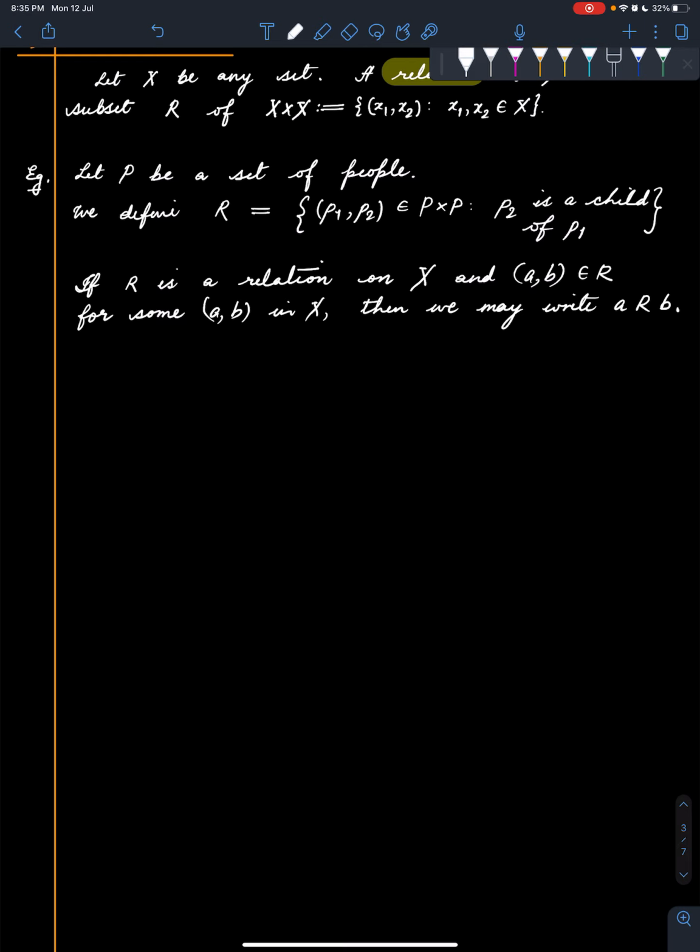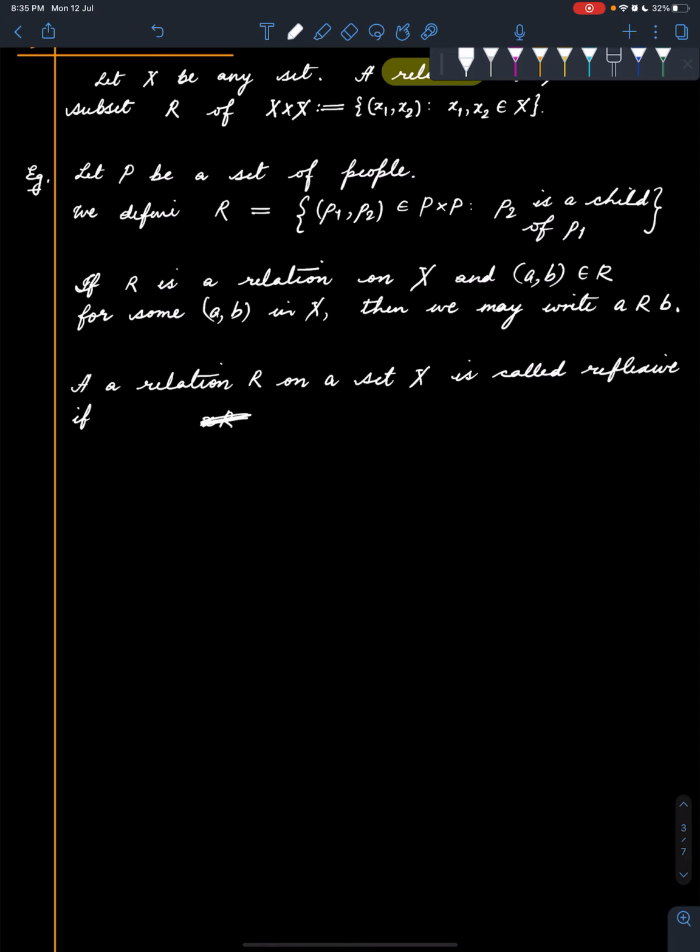Okay. So now a relation R on a set X is called reflexive if x R x for all x in X. This is the notation for all, just a shorthand for all.